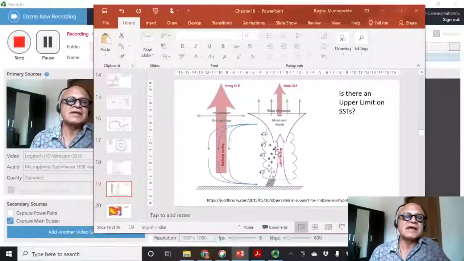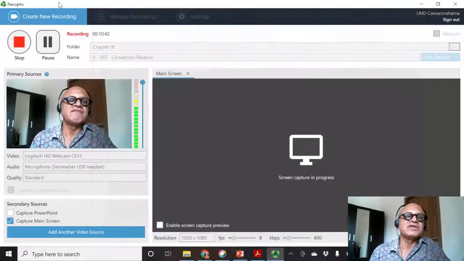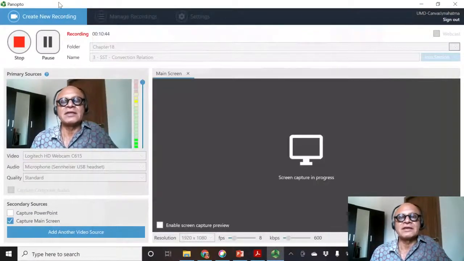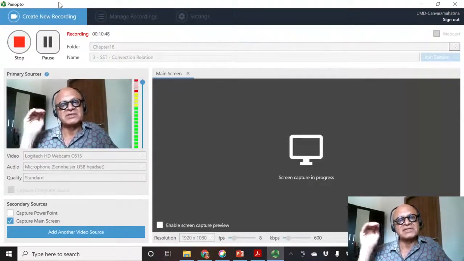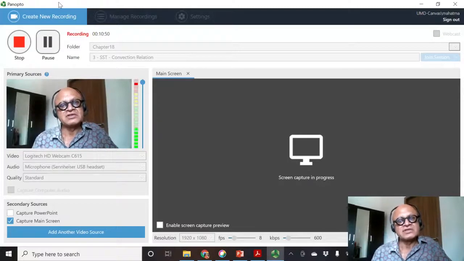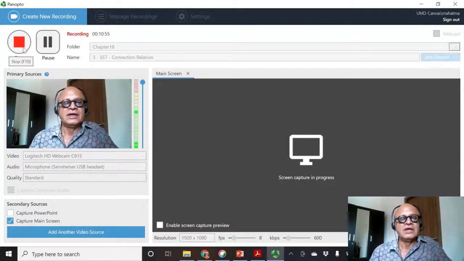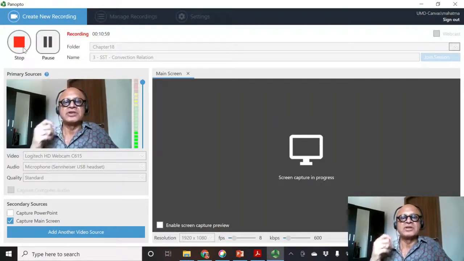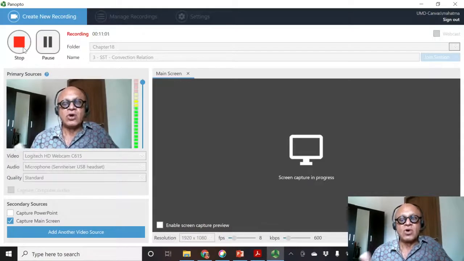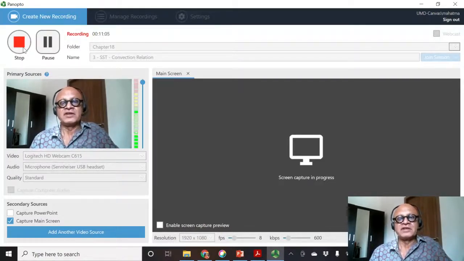We'll come back and look at whether there is in fact some kind of a thermostat that keeps the sea surface temperatures pegged to some maximum, or can it increase as much as it wants. This is an interesting question as well, to see how the dynamic and thermodynamic responses to increased greenhouse gases or during the last glacial maximum would have affected the tropics. Okay.